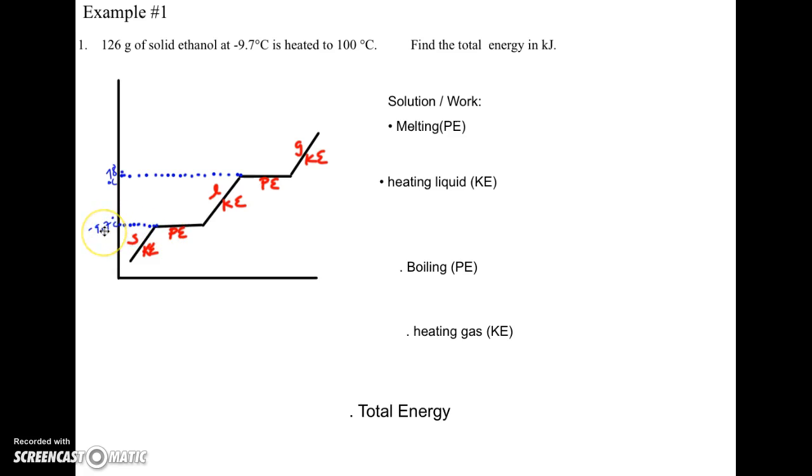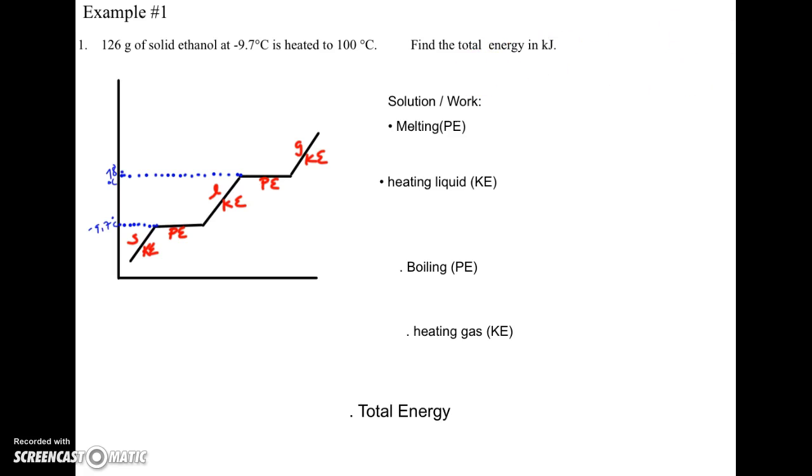I look up the melting point for ethanol on that yellow paper, and indeed I find that it is negative 9.7 degrees C. The boiling point for ethanol is also on that table. It's 78 degrees C, and I label those plateaus.